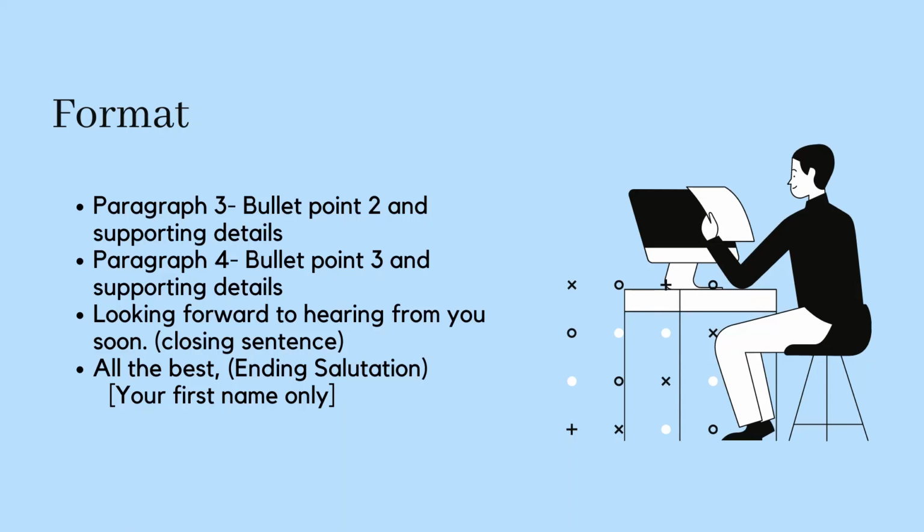The example can be, looking forward to hearing from you soon. After this, you will write the ending salutation. Here the example is, all the best, and comma. And lastly, you will write your first name only.